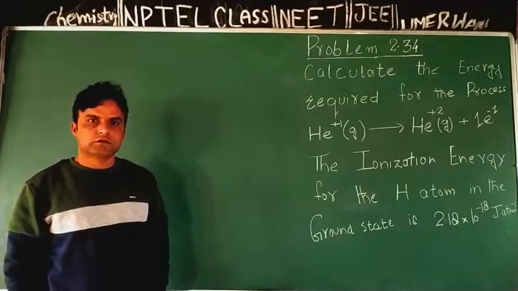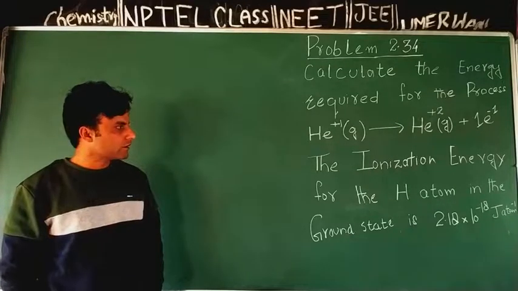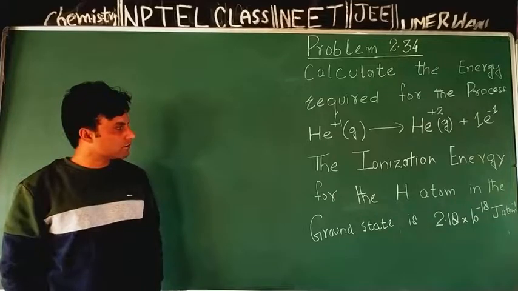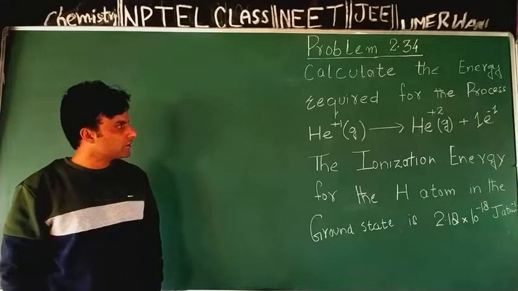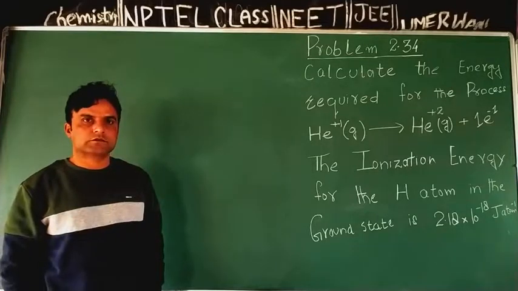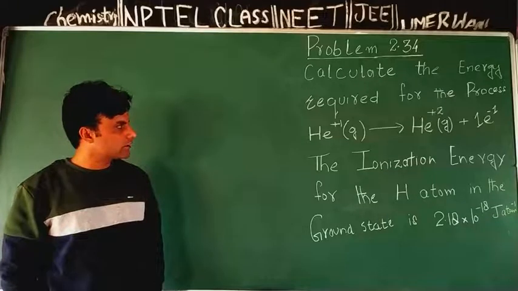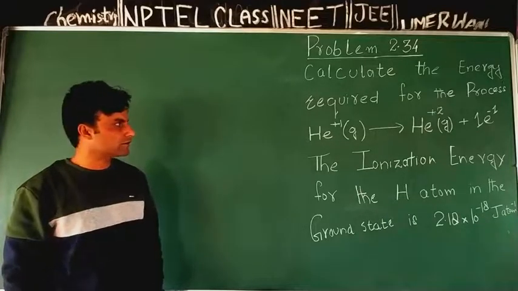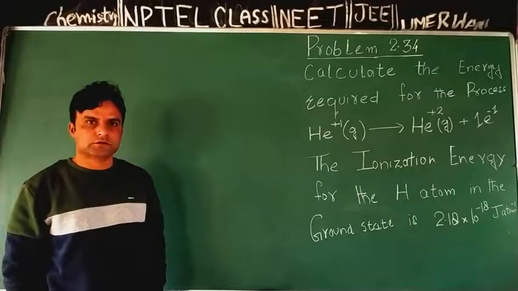So after this, I read and got to know that I have to calculate ionization energy for the ionization process involving conversion of unipositive gaseous helium ion to dipositive gaseous helium ion involving loss of one electron.